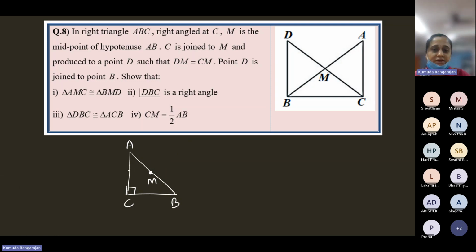C is joined to M, and it's produced to a point D such that CM is equal to DM. That means if CM is 3 centimeters, you produce it to a point D such that DM is also 3 centimeters.